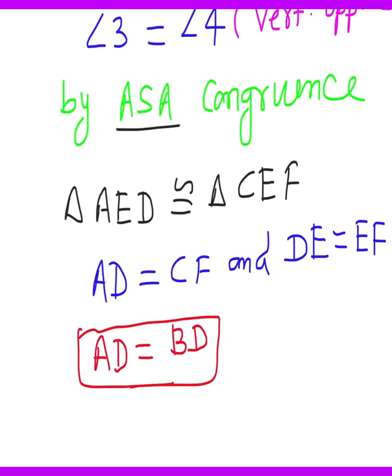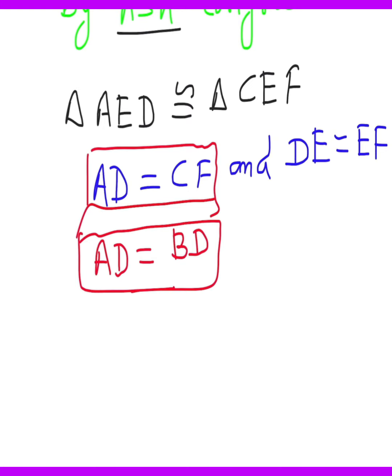So from these two results, AD equal to CF and AD equal to BD, compare these two results and you will get BD equal to CF. So you will write here this result, BD equal to CF. Okay, so you will get the main thing.